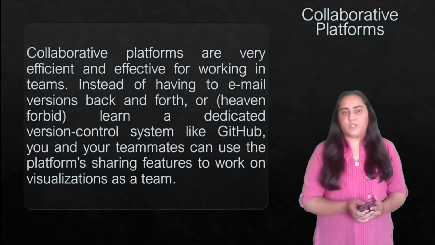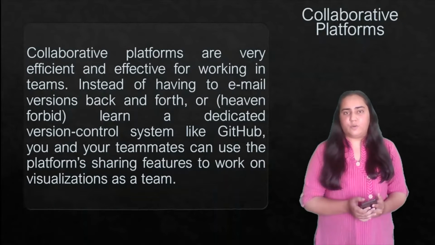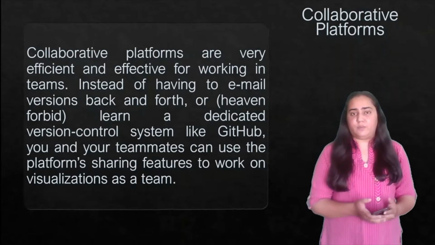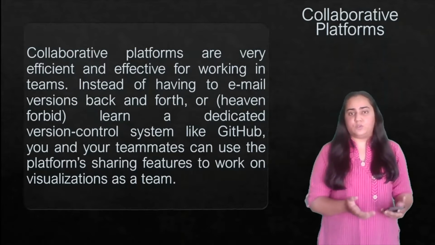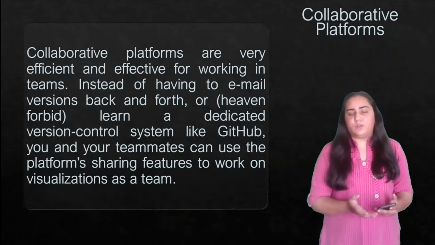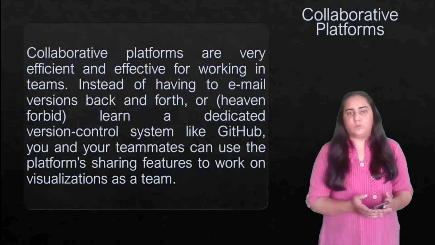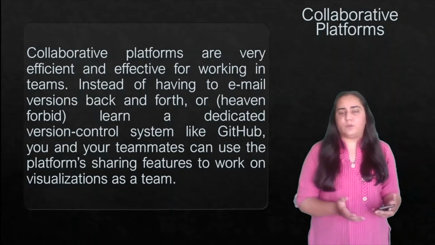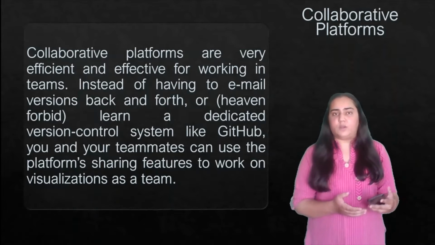Collaborative platforms are very efficient and effective for working in teams. Instead of having to email versions back and forth, or heaven forbid, learn a dedicated version control system like GitHub, you and your teammates can use the platform's sharing features to work on visualizations as a team, which is very good because you don't have to train employees anymore on how to use GitHub.